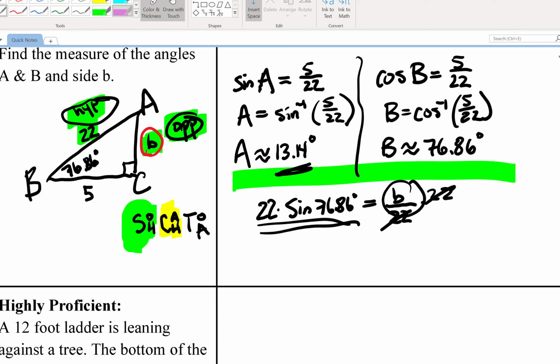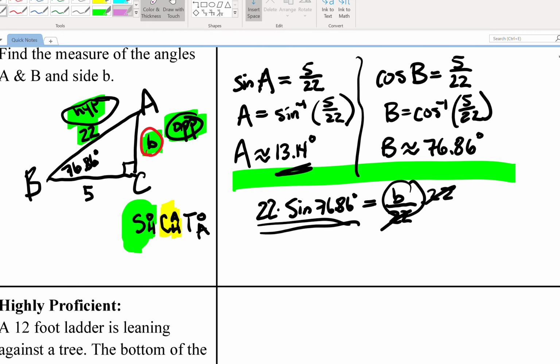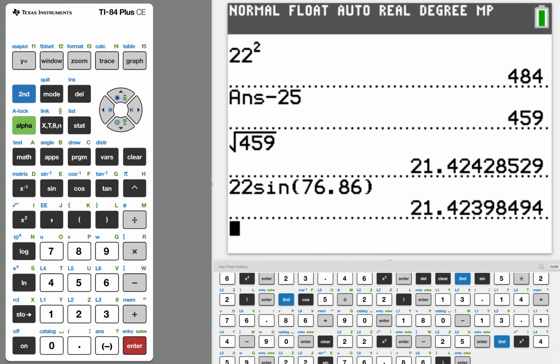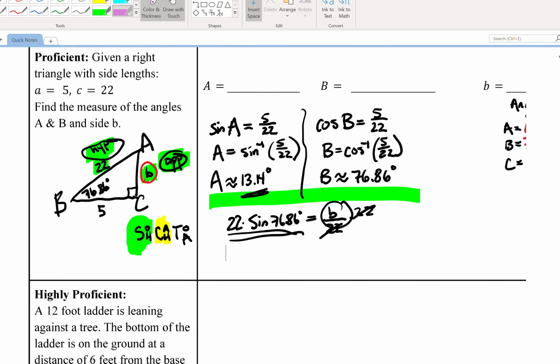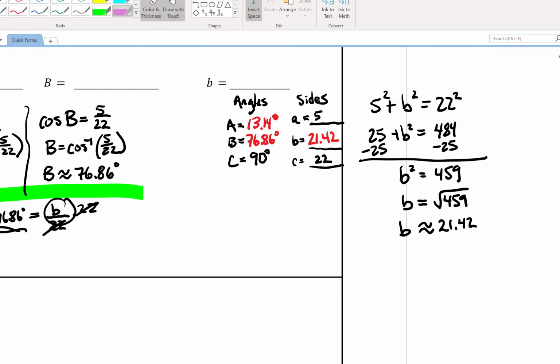So I just have to put that in my calculator. 22 times the sine of 76.86. And I hit enter. And it gives me 21.42, et cetera. Now, it's not exactly the same. You see that these digits change a little bit after here, but it still rounds to 21.42. So that's pretty good. And that just coincides with what we found by using the Pythagorean theorem. And so we could have done it either way, and you can use one way to check the other way.